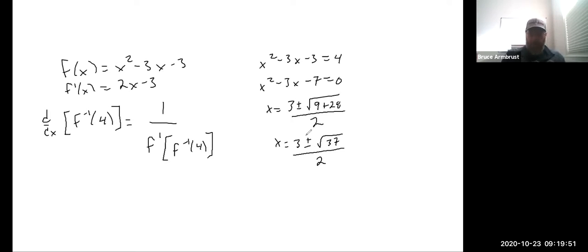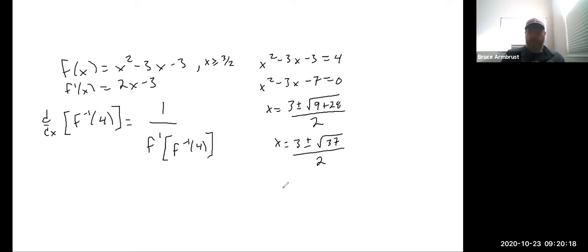All right, so the question is, which one do we plug in, the plus or the minus? Because we can only plug one number in. Well, that's where that restriction comes into play. Remember, it told us that we were looking at x's that were bigger than 3/2. So the only x's that work are the ones bigger than 3/2.